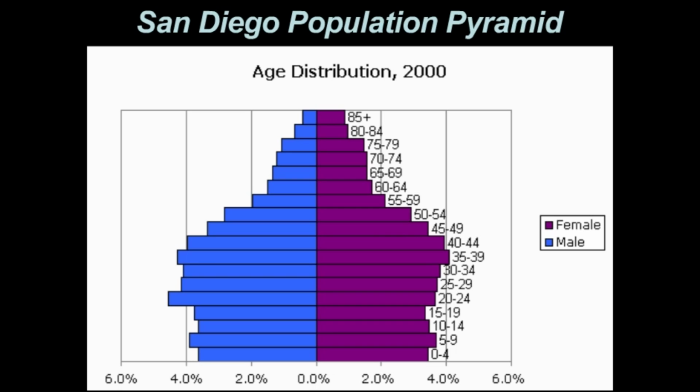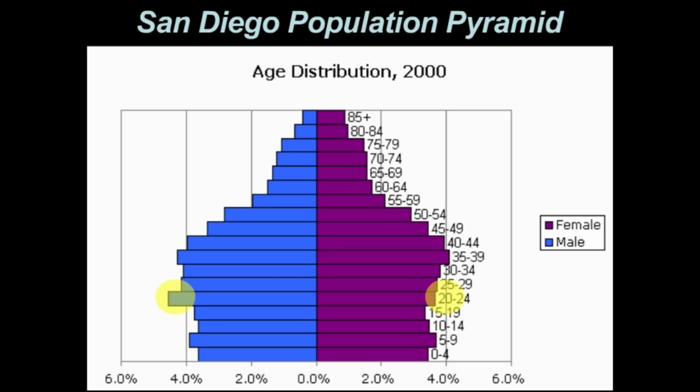Now let's take a look at some different population pyramids, and notice some interesting oddities. What we have here is San Diego, age distribution 2000, and ladies, get excited. We have more males aged 20 to 24 by a considerable amount. Even in that 25 to 29 group, we can see more males.